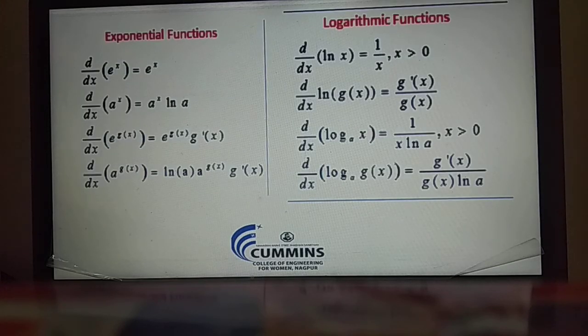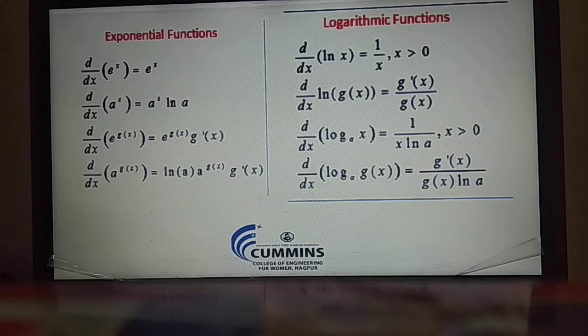Now before that, we have to know the functions. We found the rules related to functions, but these apply to any function, either exponential function, logarithm function, trigonometrical function or inverse function. First, the exponential function: d by dx of e raised to x is e raised to x. d by dx of a raised to x is a raised to x log a.